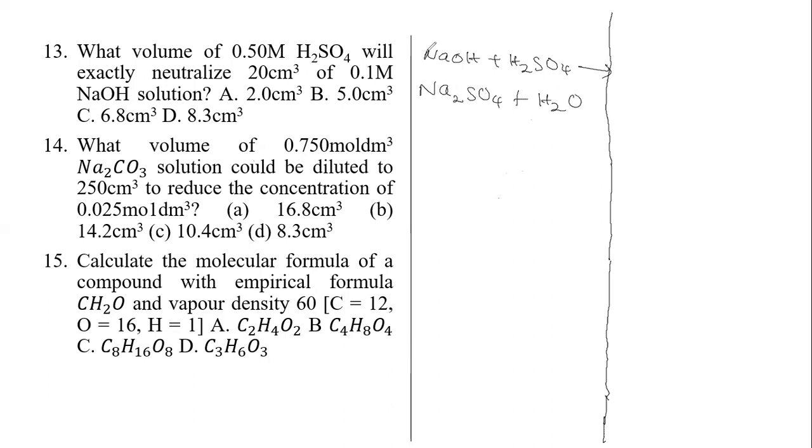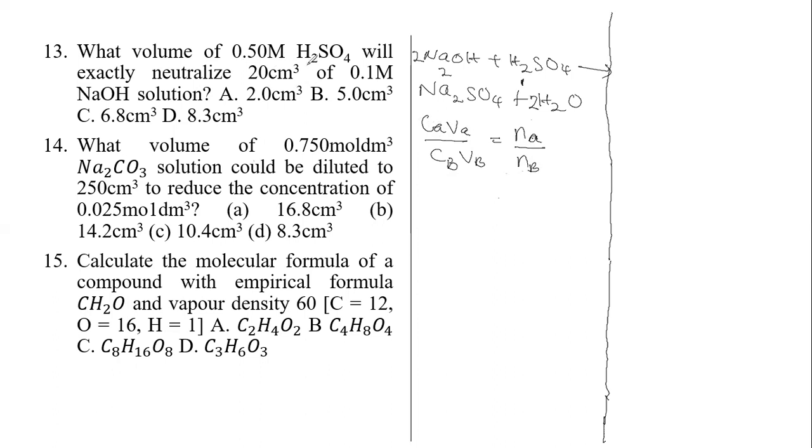So you balance the equation. Here is having sodium, so you put 2 here, and then there's going to be 2 here. So the ratio of base to acid is 2 to 1, or the ratio of acid to base is 1 to 2. Now remember that CA VA over CB VB equals NA over NB. What is CA?